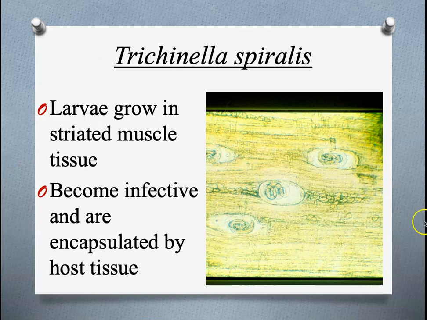And you can see the coiled larva among all the striated muscle here. So whenever you see a picture of a biopsy of this muscle tissue and a worm coiled up inside of it, you know right away you're looking at a picture of Trichinella spiralis larva.